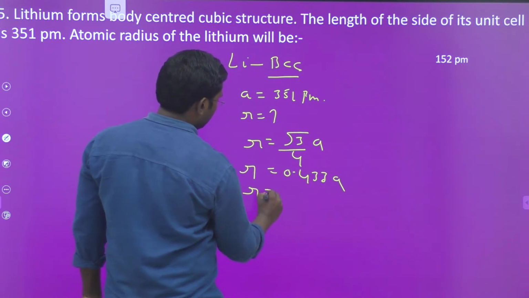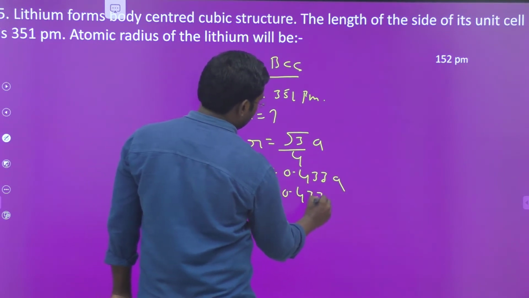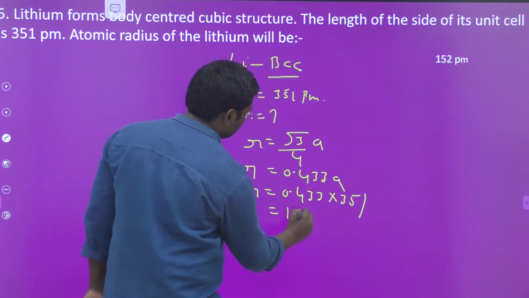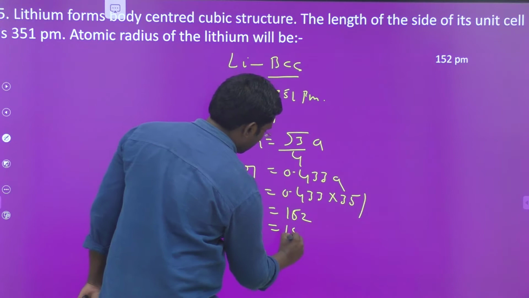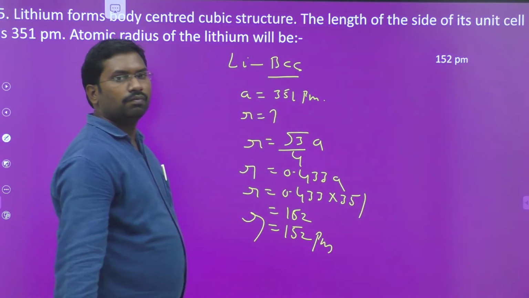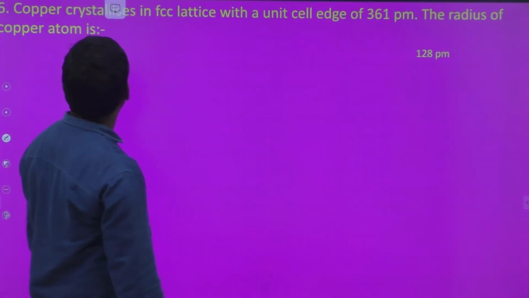Therefore r is equal to 0.433 into 351, which gives 152 picometers.